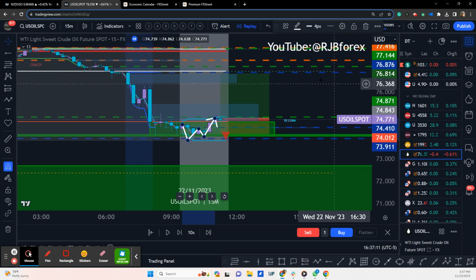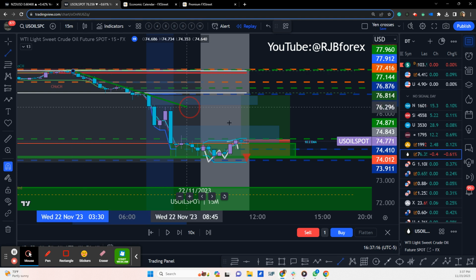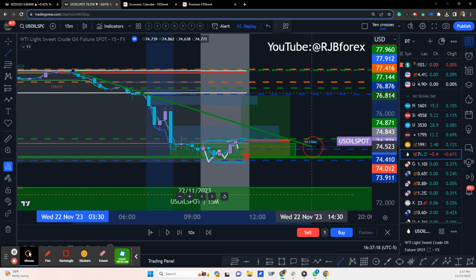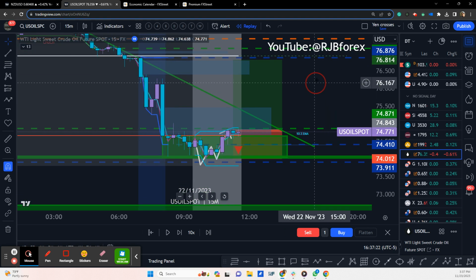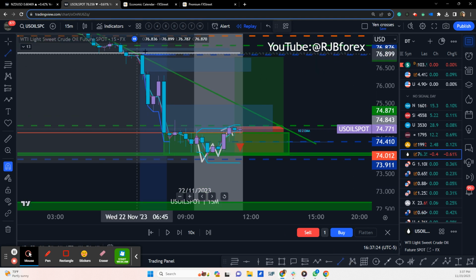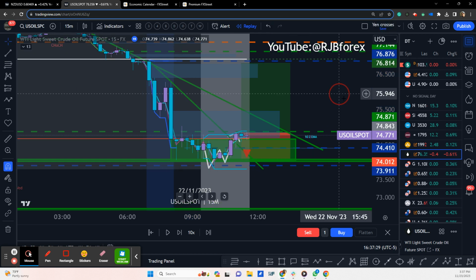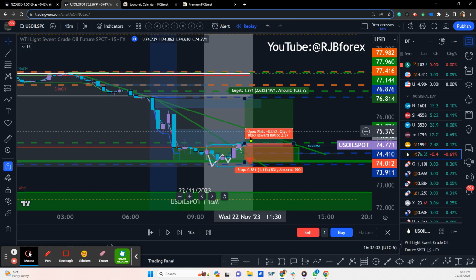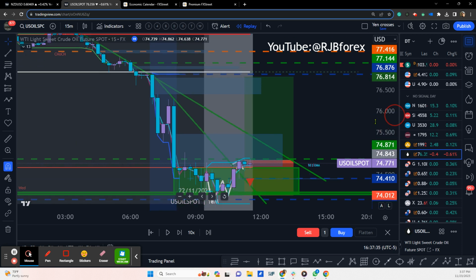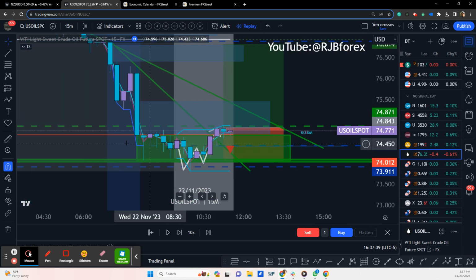Now, we can also draw a trend line on this, or a series of trend lines. And while we're not completely convinced yet that we're heading higher, we've certainly got the makings for a correction because we've got this consolidation.